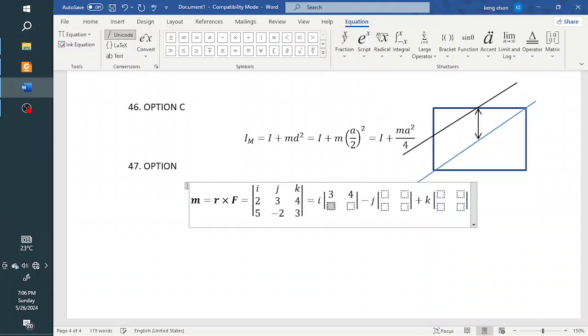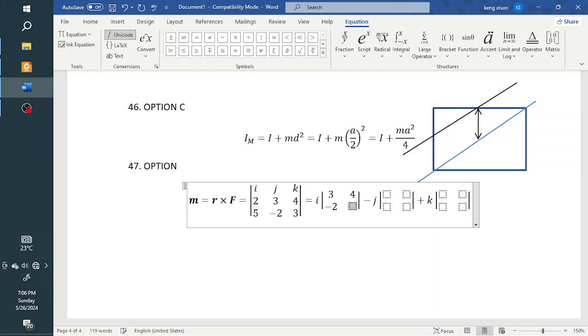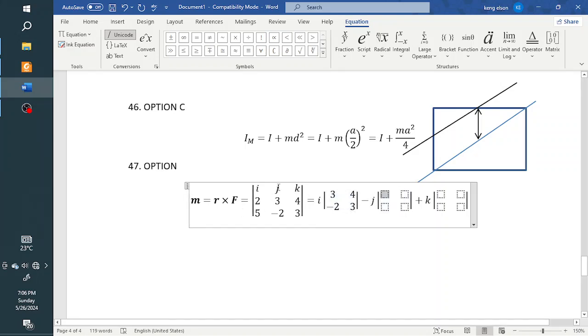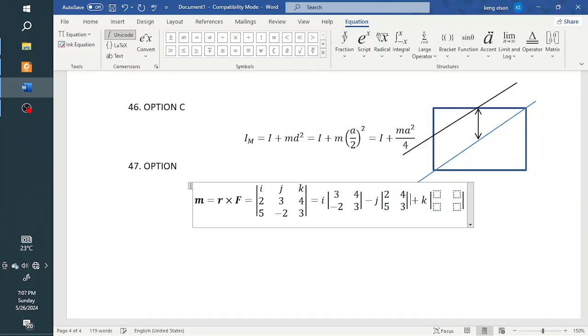When we go to J, there's a negative sign. If I cover vertical and horizontal, I'll be left with 2, 4, 5, 3. Once I cover horizontal and vertical, I'll be left with 2, 3, 5, negative 2.